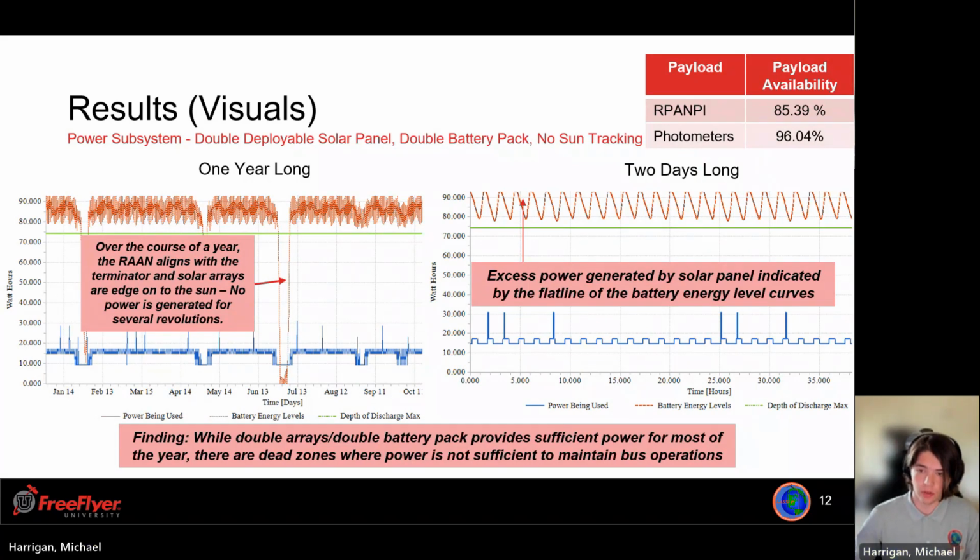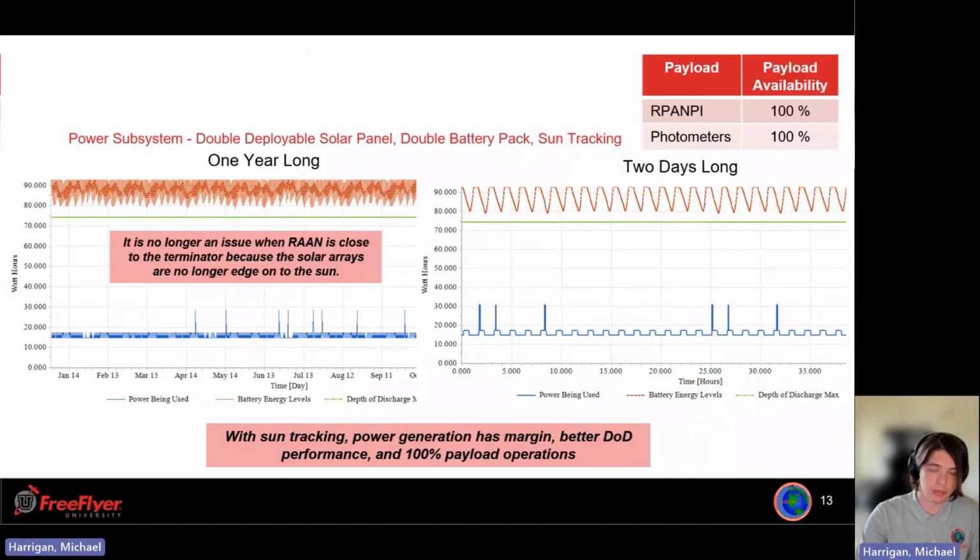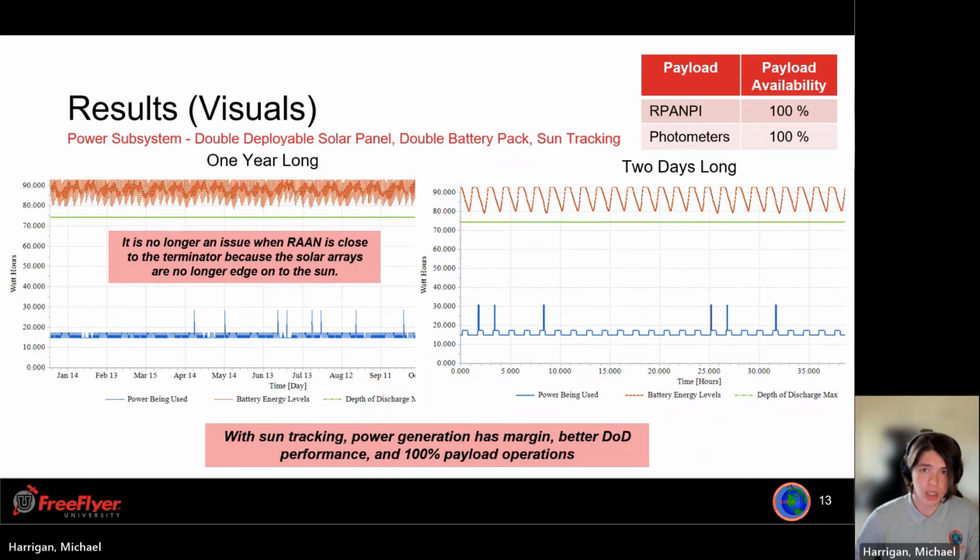So for this final iteration, we decided to include some sun tracking to make sure that we can actually generate power throughout the full year. With the sun tracking, the payload availability increases to 100% for both the RPA and PI payload and the photometers.